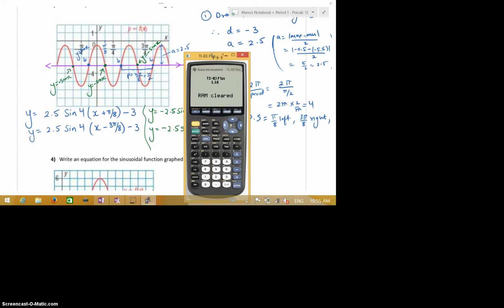First things first, we're going to set our domain and range so we get the exact same graph. You'll notice the window settings: we're going from negative 5 pi over 8 to a maximum value of 9 pi over 8.